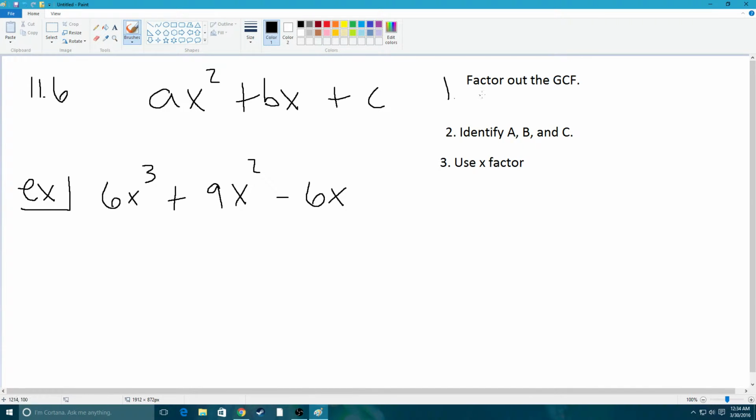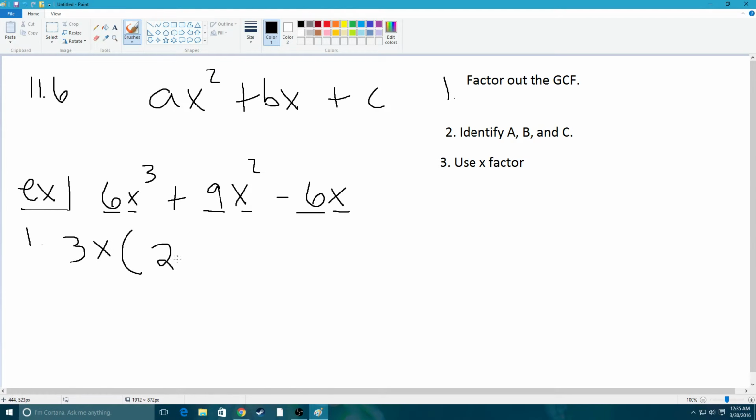Number 1, factor out the GCF. So step 1, this has a 6, a 9, and a 6. The greatest common factor of this is going to be a 3. And this has an x, this has an x, and this has an x. So the biggest thing that we can pull out is a single x. So what gets left inside, 6 divided by 3 is 2.